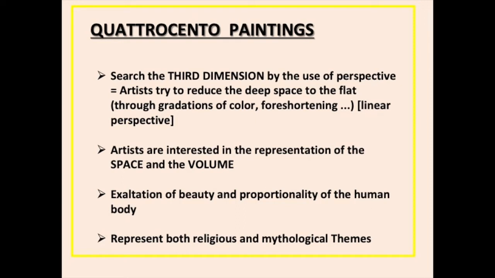So, naturalism: they try to imitate how the human body looks in reality in a scientific way, by the study of the mathematical proportions and by a deep study of the human body anatomy.